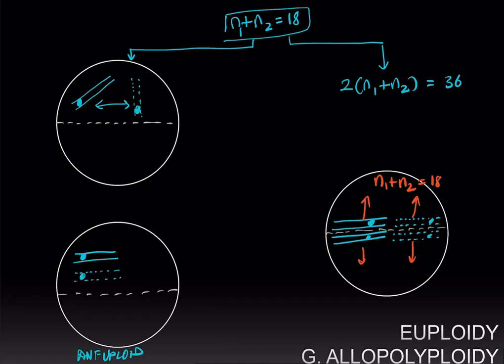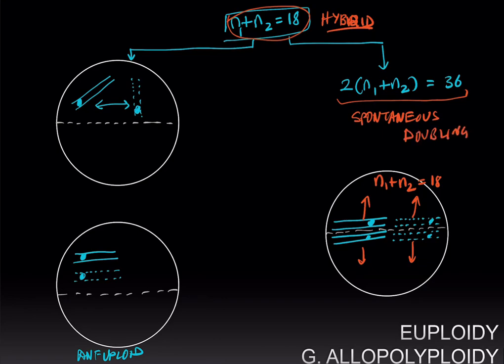And this is how allopolyploidy works: first there is a hybrid between 2 species, and second there is a spontaneous doubling.